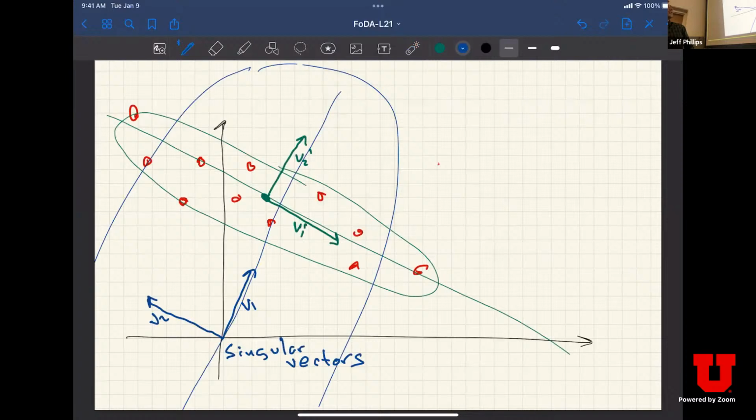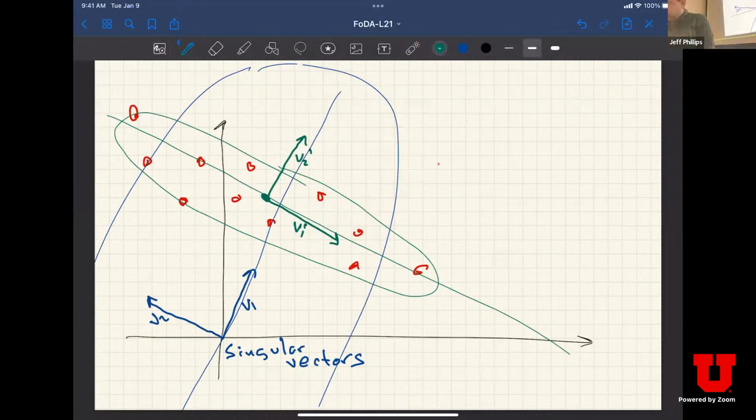The thin blue line is not a great one-dimensional representation of the data. In fact, it's capturing the variation from the origin, but what I'd like to do is capture the variation from the mean of the data. And these things are different. So I'd like to capture the one in green here.